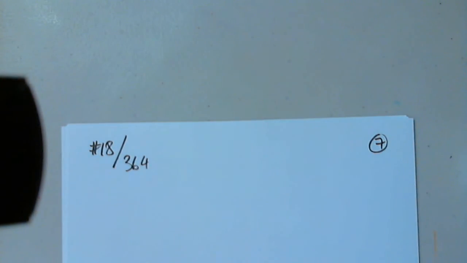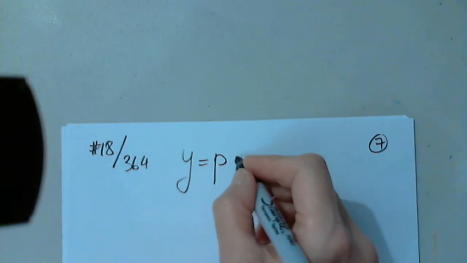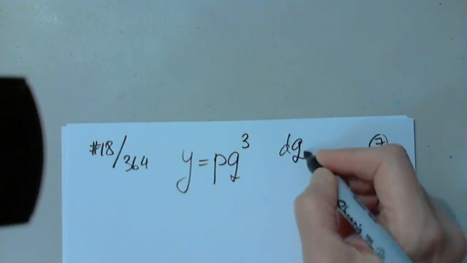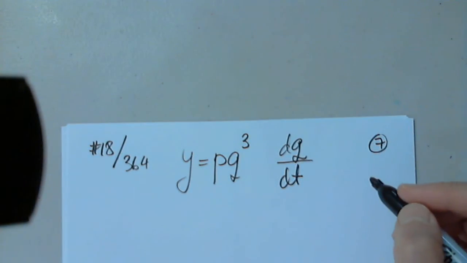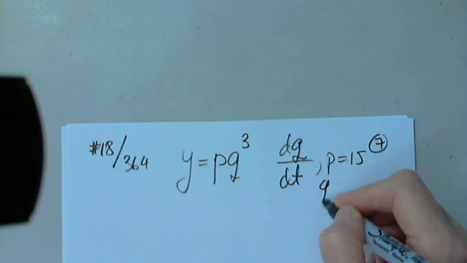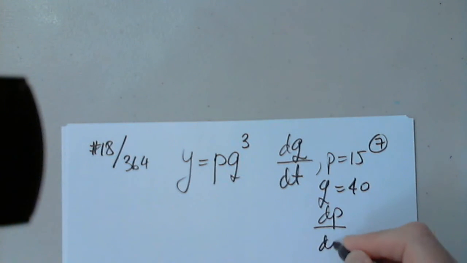Given y equals p q to the third, find dq over dt when p equals 15, q equals 40, dp over dt equals 55, and dy over dt.